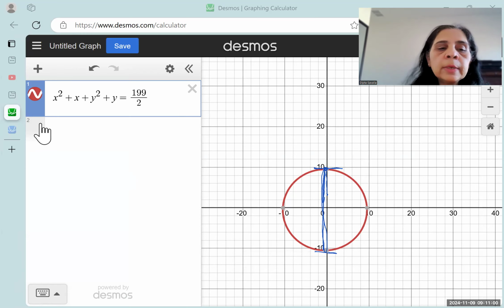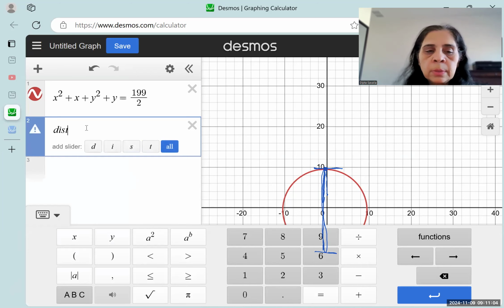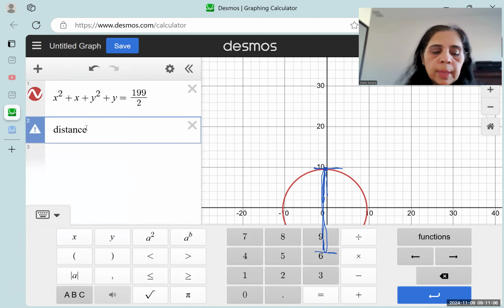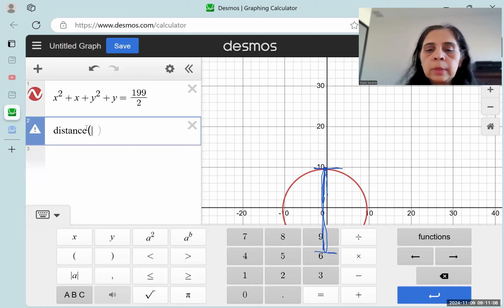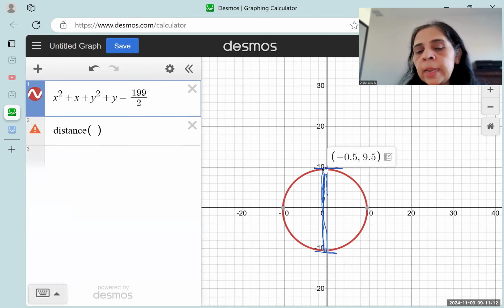You can enter a second line and type distance.